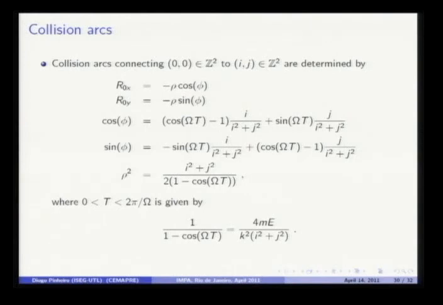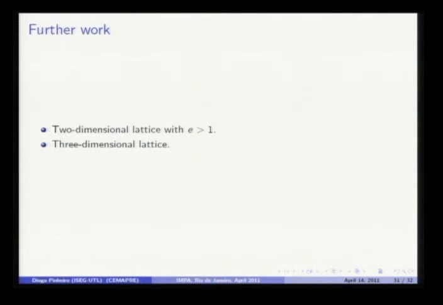So if the energy is larger than that bound, you get a large enough set of collision orbits, and then you can apply the other theorem and shadow this set of collision trajectories.